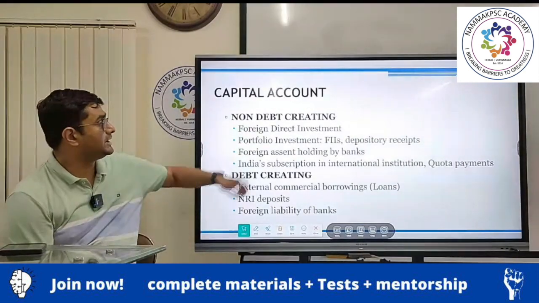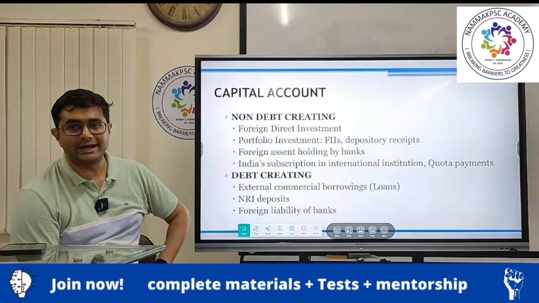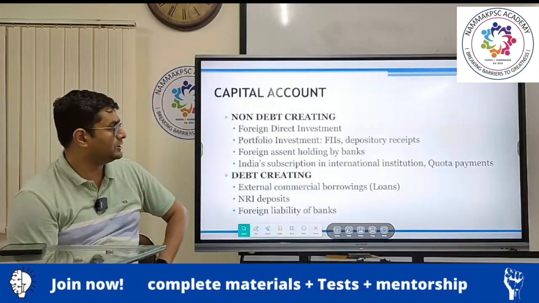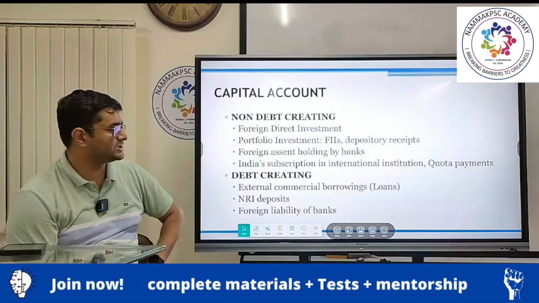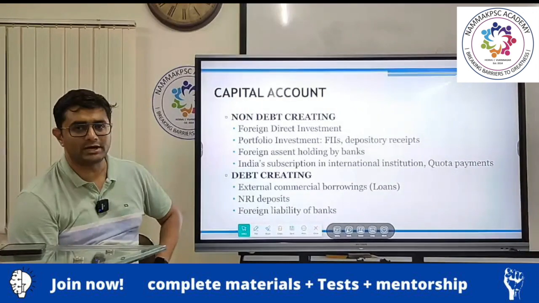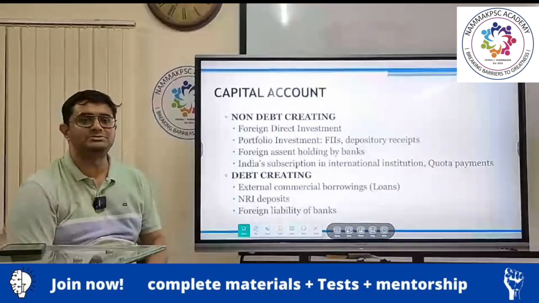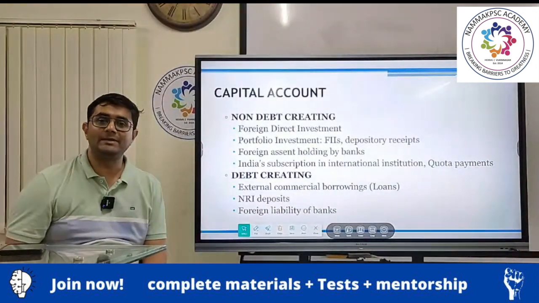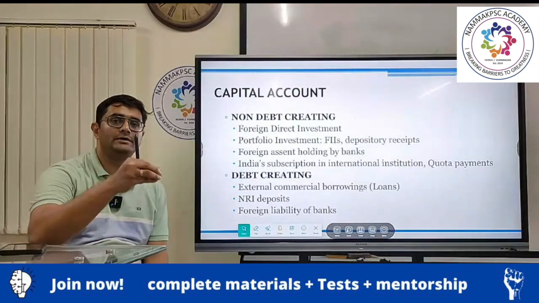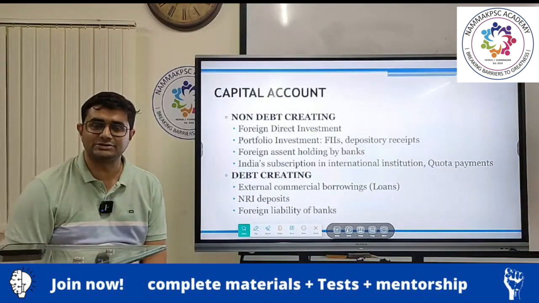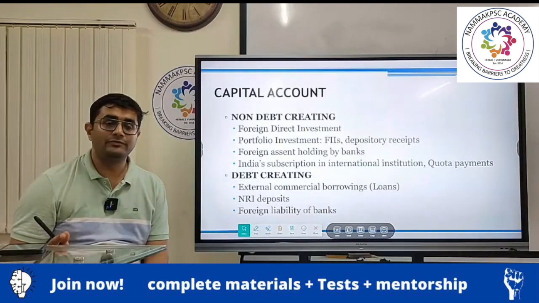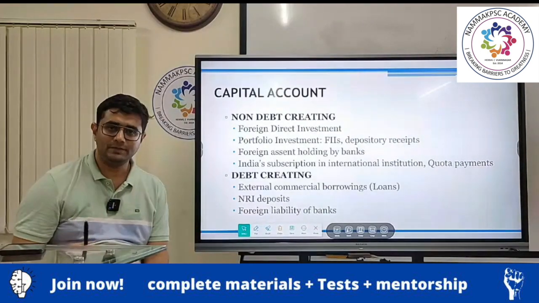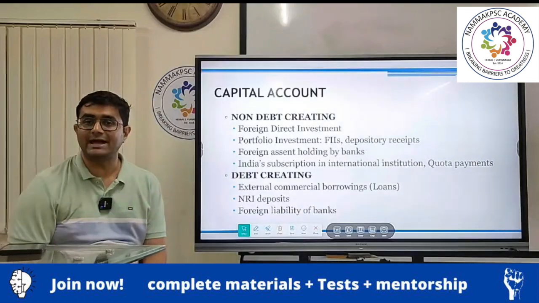Non-debt creating includes your foreign direct investment and foreign portfolio investments and any other asset holdings, India's subscription in international institutions, quota, etc. All of that is non-debt creating. Meaning when we keep money in international organizations like the IMF, it's like a club where we have to give money as a subscription amount.